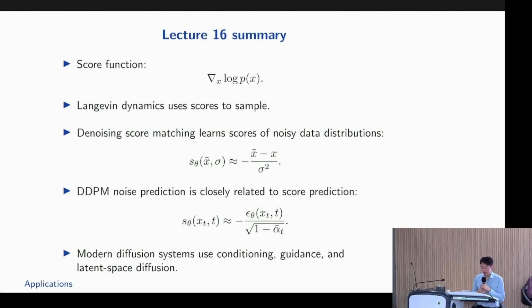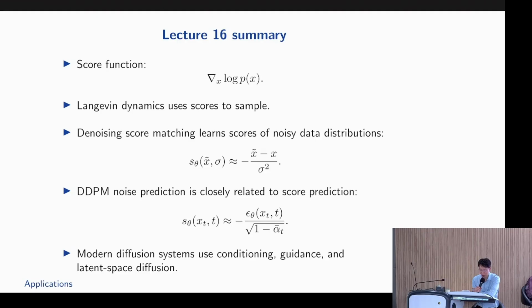So let's do a summary. We talked about score functions, and this is not given to us. We talked about how to work around it, and we were able to replace it with the trace of the Jacobian of the score function, but it was too expensive because it was n by n, where n is the image dimension.